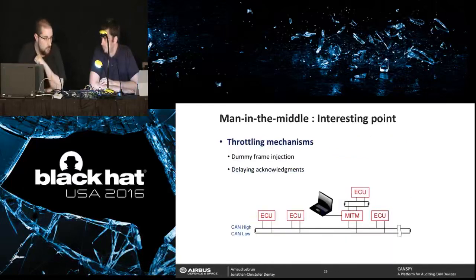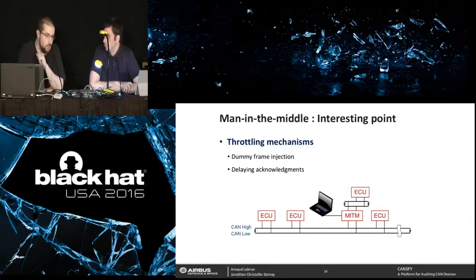A few words about one particular point we took great care to implement. When you are setting up a man-in-the-middle situation, you will modify the behavior of the ECUs. The idea is to have as little impact as possible on their behavior. We talked at the beginning about the key points of CAN buses. You have congestion issues.